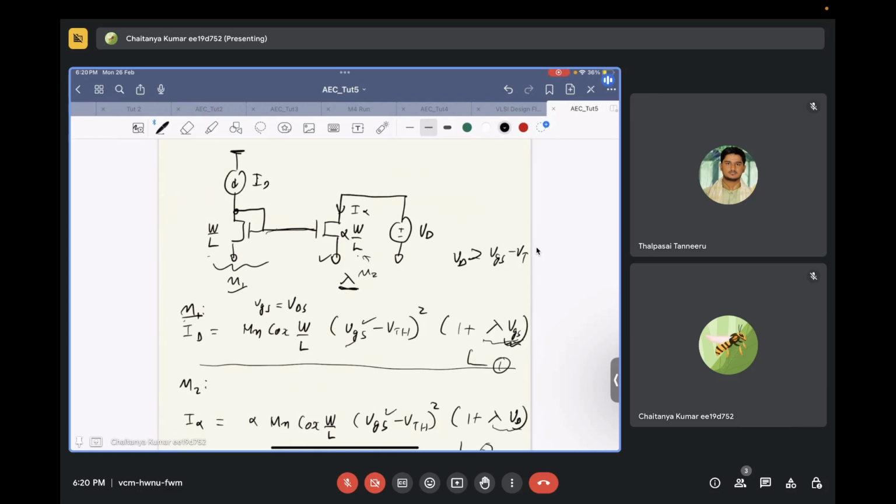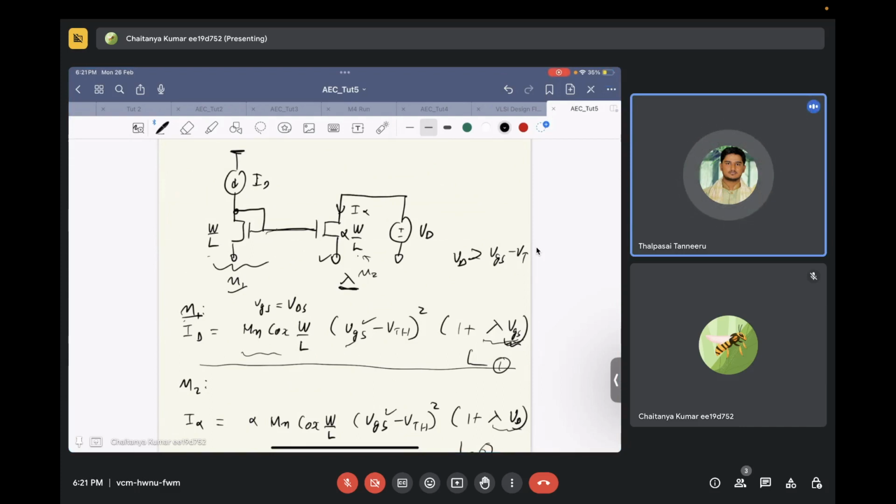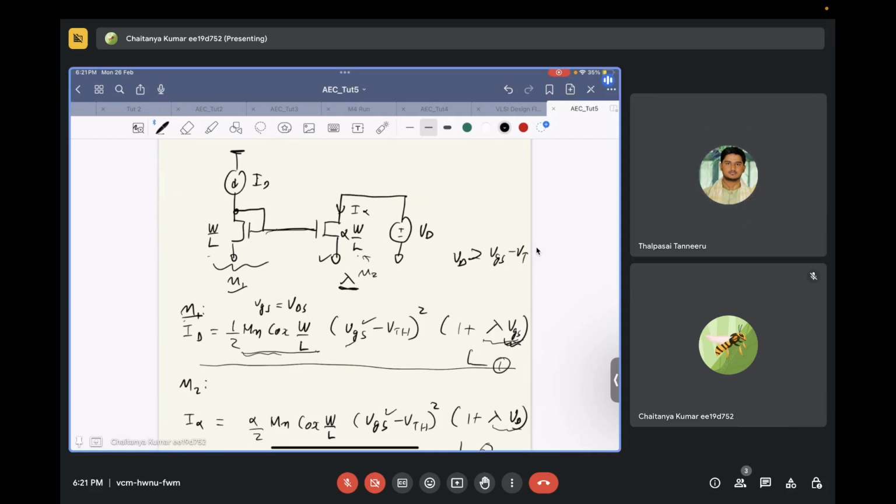Can you explain each of the terms that we have in this equation? Drain current. Mu n Cox is a process parameter, right? VGS is not the voltage that you apply.